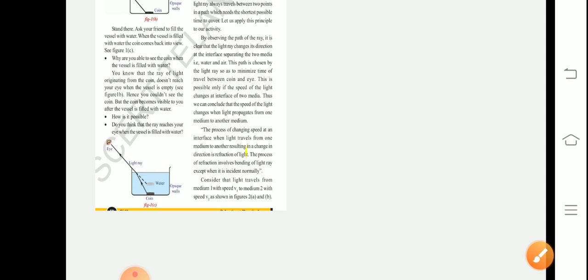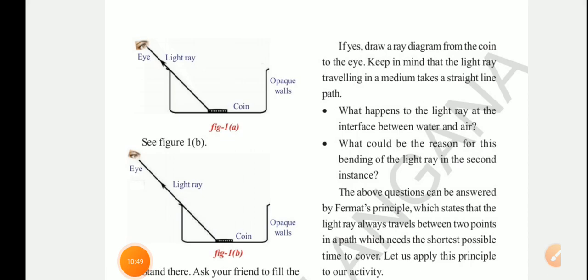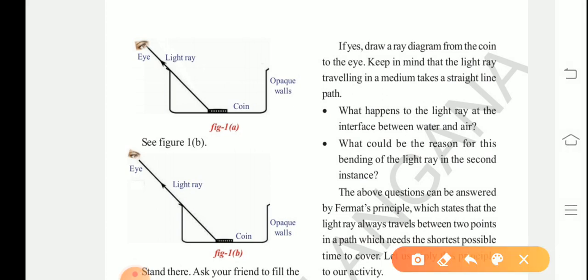Next, see here. Consider a coin kept at the bottom of the vessel as shown in figure 1b. If you stand near the vessel, you can easily see the coin with your naked eye, right?